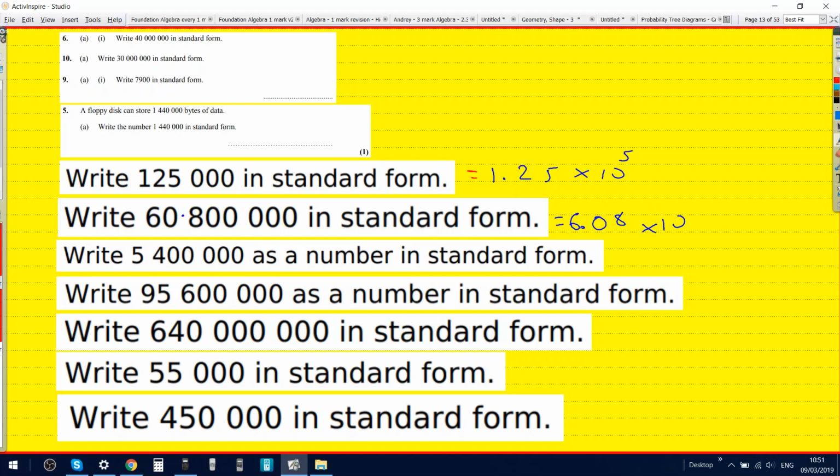So that would put the decimal there. Oh, sorry, 7. Yeah, so 7. Let's try this one here. Would that be 9.56 times 10 to the power of 7? Yeah, I think those are okay.